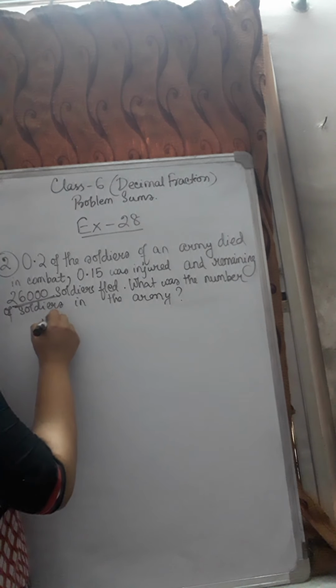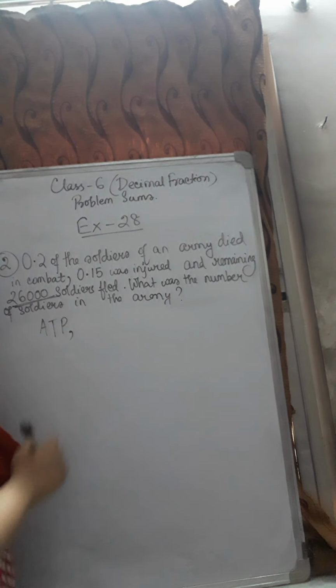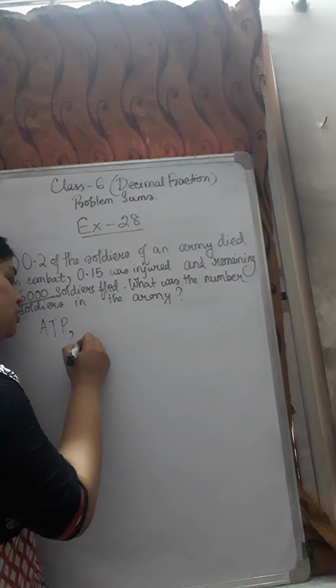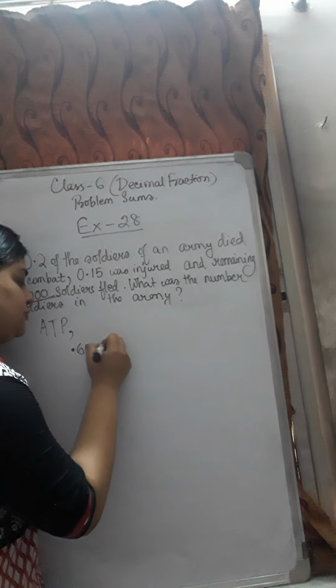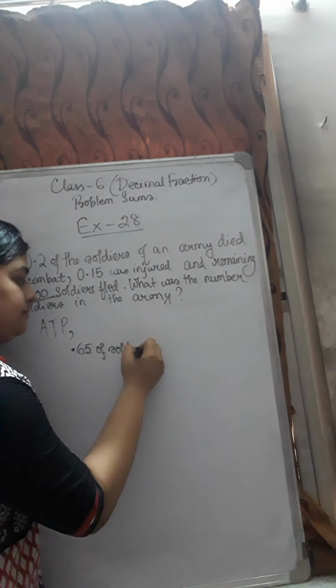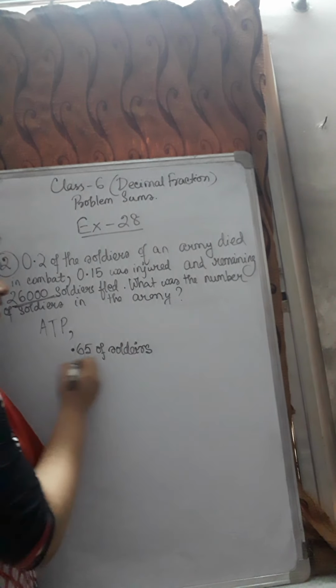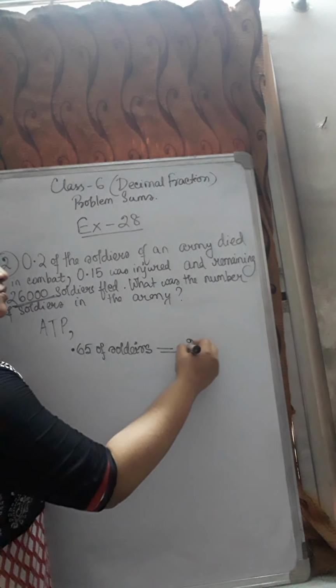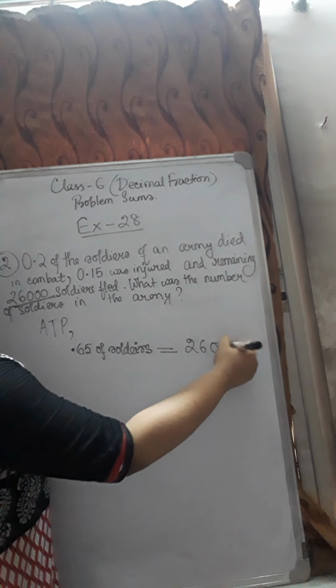Now according to the problem, what do we know now? The portion of soldiers who fled away is 0.65 of the soldiers. The number is already known. How many fled away? 26000.